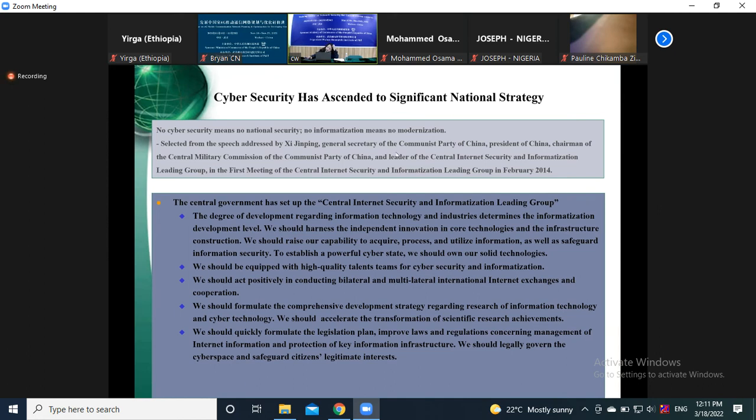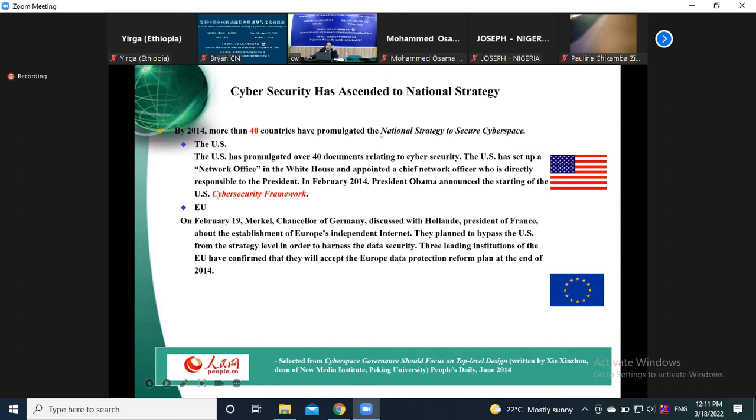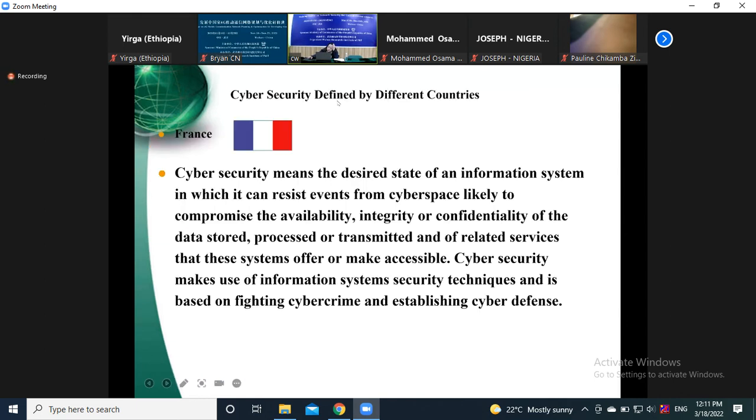And just now we said that cybersecurity has ascended to the national stage, and different countries also have different definitions of cybersecurity. For example, France. Cybersecurity means the desired state of an information system in which it can resist events from cyberspace that compromise the availability, integrity, or confidentiality of the data stored, processed, or transmitted, and of the related services that these systems offer or make accessible.